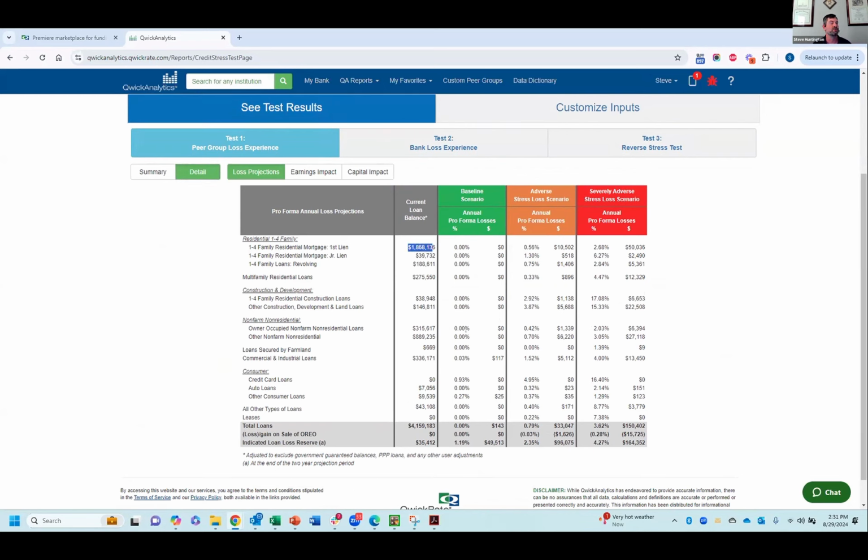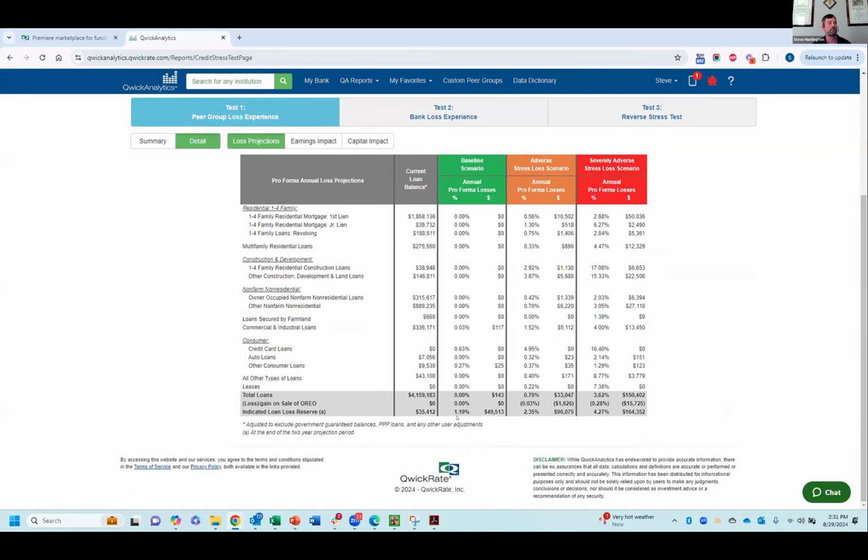So here are your values. Here are the peer loss rates. So we get actual charge-off amounts in all 3 scenarios, obviously getting much worse as the scenarios get more punitive. Also taking into account gain or loss on the sale of OREO. And finally, that double whammy of having to get your loan loss reserve up to these higher levels where your peers were during the last credit cycle.